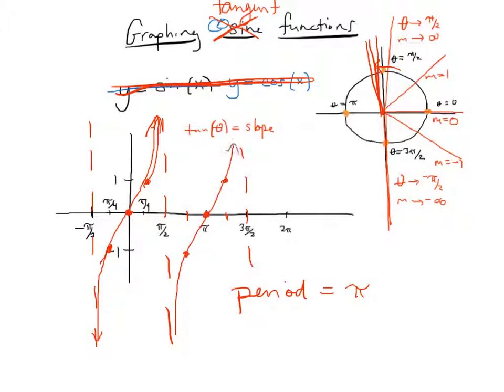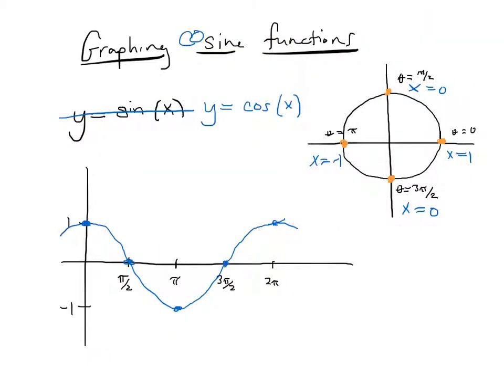There you go. Okay, so that's how we would graph tangent. Amplitude doesn't have any meaning for tangent. Real quick, we'll do a couple of examples of cosine shifts, and then we'll do some tangent shifts.